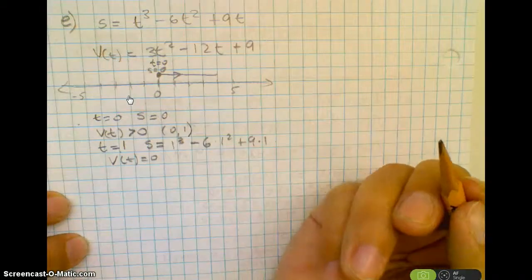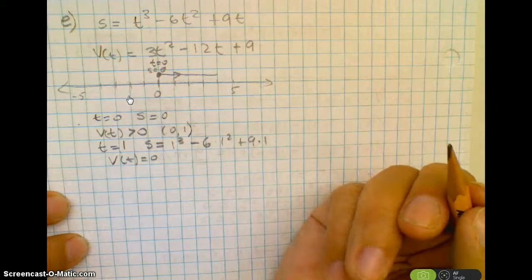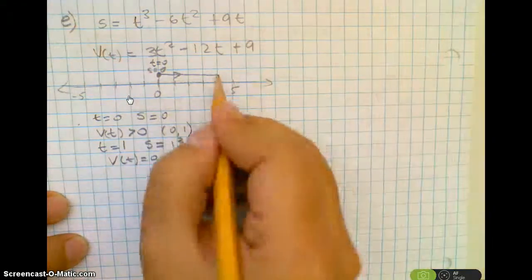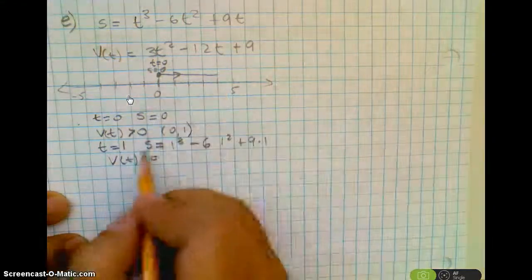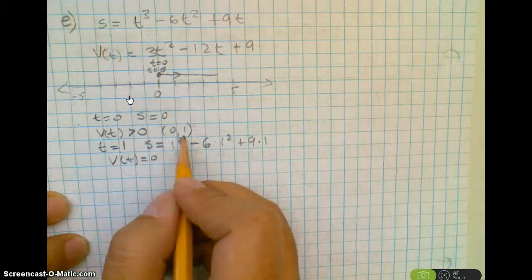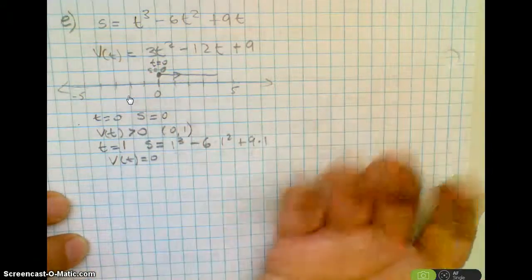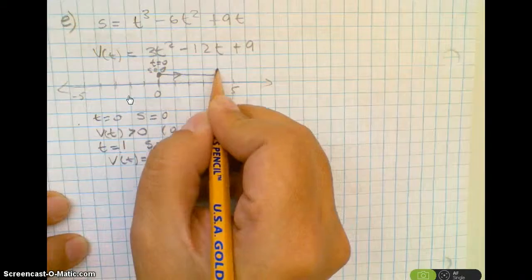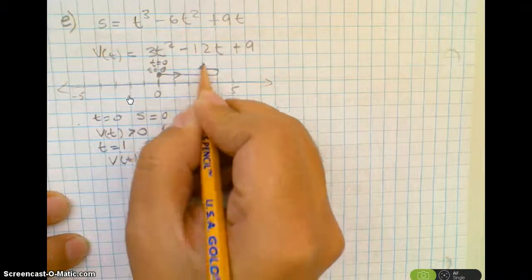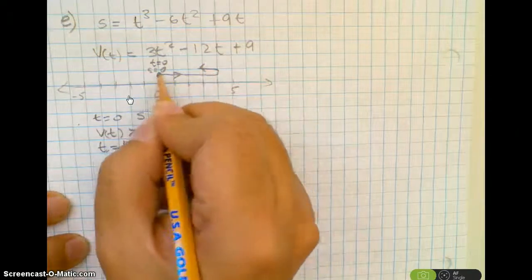Now when a particle stops, it may continue this way or turn around. Remember that after 1 second, the particle doesn't move forward, it moves backwards. So I know that it's going to turn around. But in the other direction, I don't know when it is going to stop.